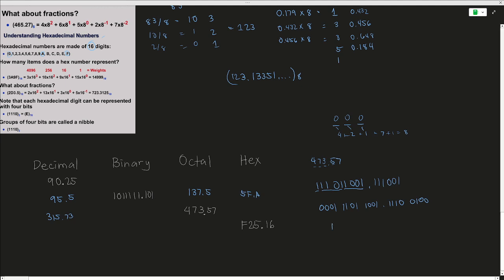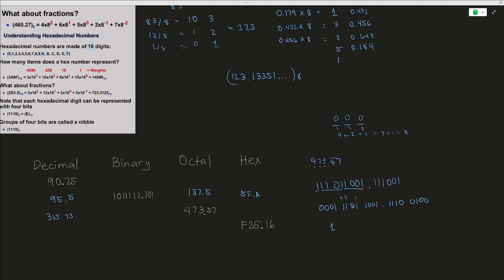So you have 1 here. Ito, 1101. So that is 8 plus 4 plus 1. That is 13. So what is the 13th digit? That is letter D. Right now, check lang natin. Okay, yung D nga. So 1001, this is 9.